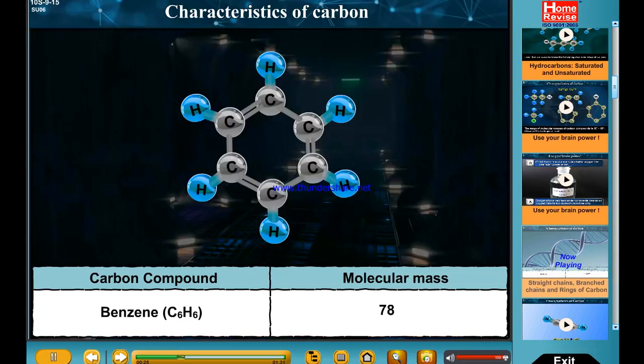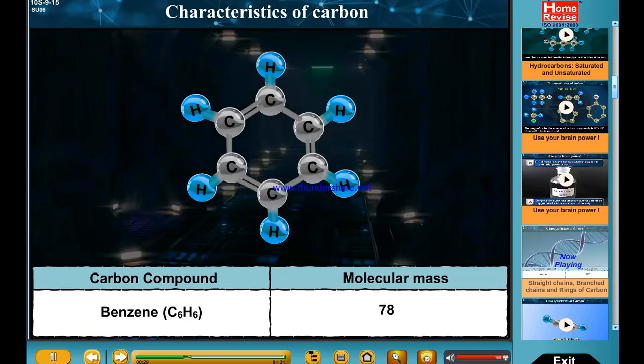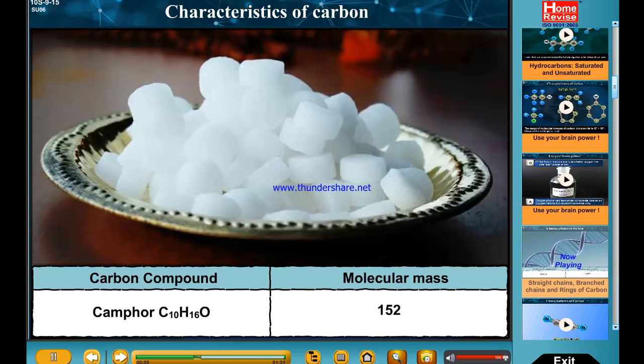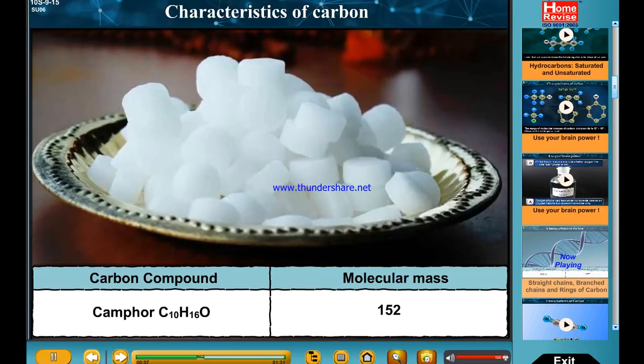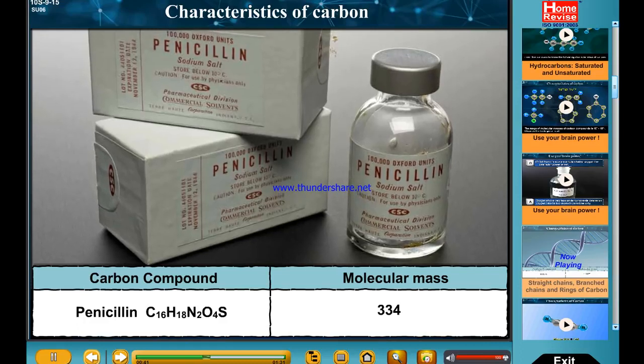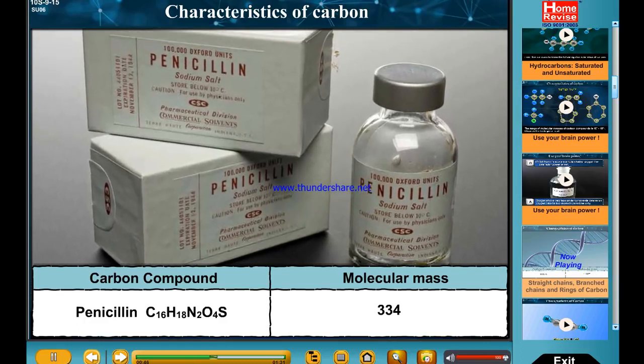Benzene, C6H6, has molecular mass 78. Camphor, C10H16, 152. Penicillin, C16H18N2O4S, molecular mass 334.